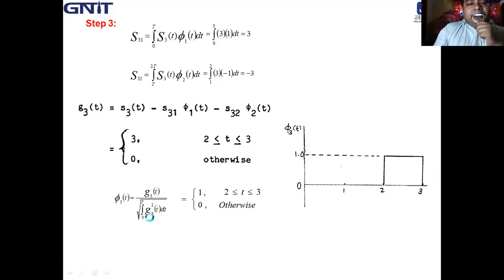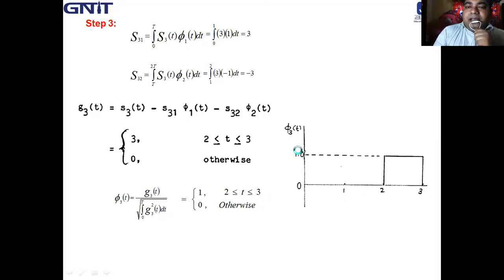Therefore phi 3(t) is equal to G3(t) divided by the square root of the integration from 0 to t of G3 square (t) dt. So G3(t) is 3 and the root of the integral is 3, so phi 3(t) is 1 where t belongs to 2 to 3, and otherwise it is 0.